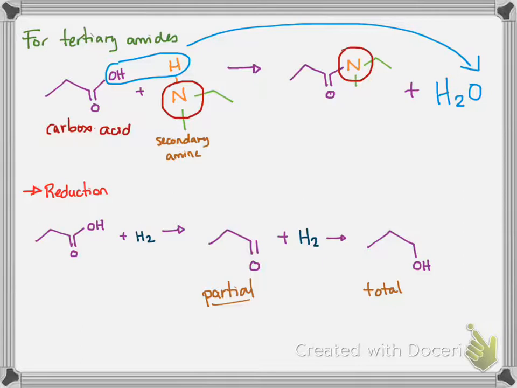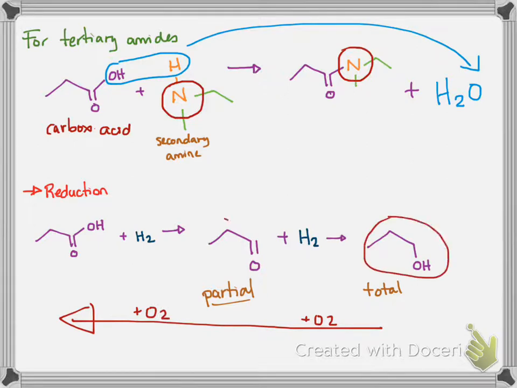And finally, reduction of carboxylic acids is exactly the opposite reaction from primary alcohols oxidation. If I make this reaction this way, I will need here to add oxygen, and here oxygen. I start with the alcohol that becomes an aldehyde that becomes a carboxylic acid.